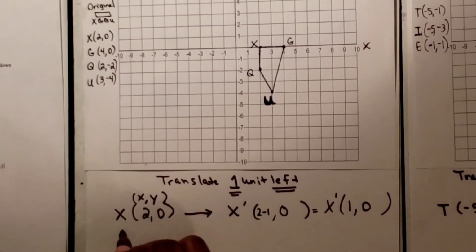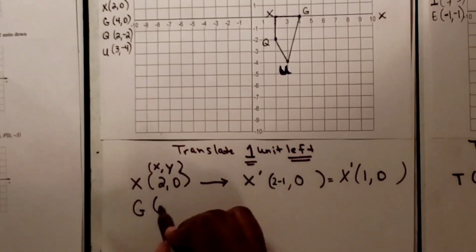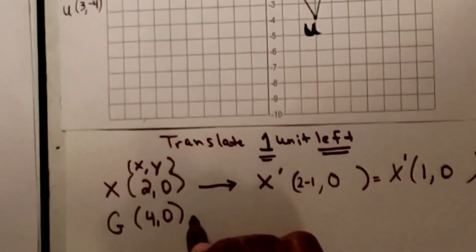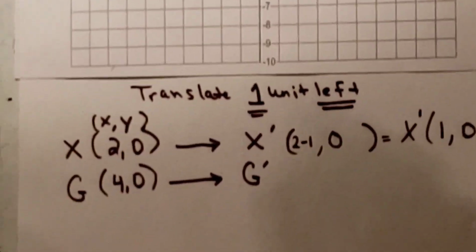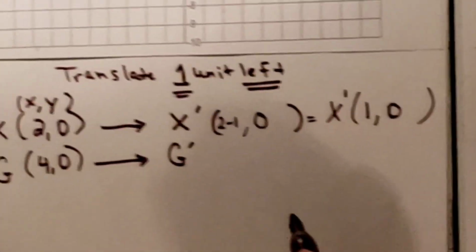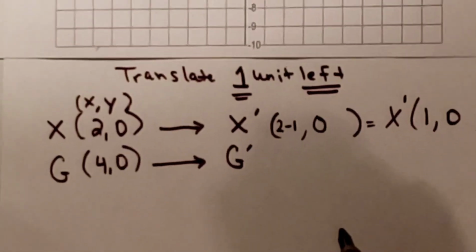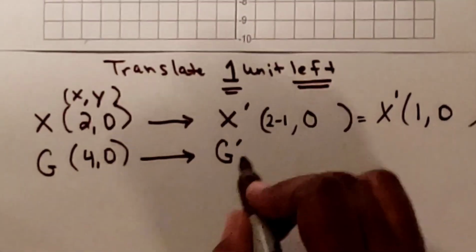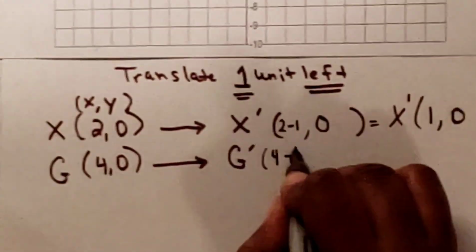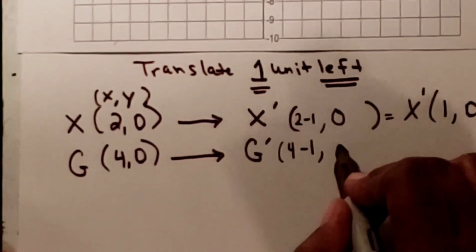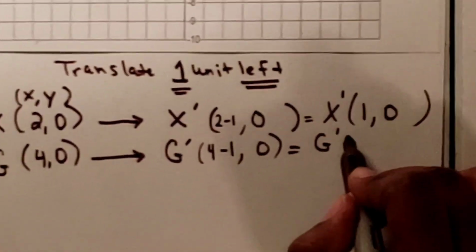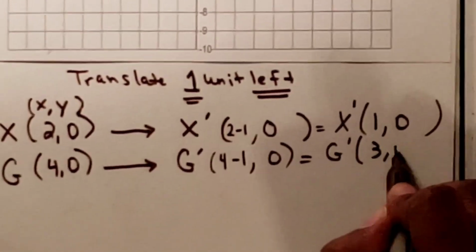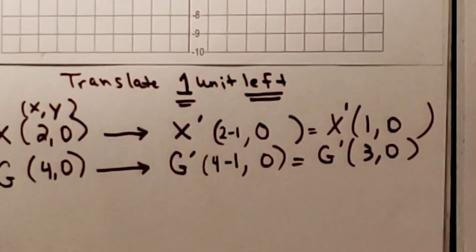So the next point is G, and I'm going to write 4, 0, and we're going to change it to the new location, so that's G prime. And again, I'm moving it left 1 unit, so I'm operating on the x coordinate, so that'll be 4 minus 1, and the y coordinate will stay the same, so I'll end up with G prime, which would give me 3, 0. That's a new location.